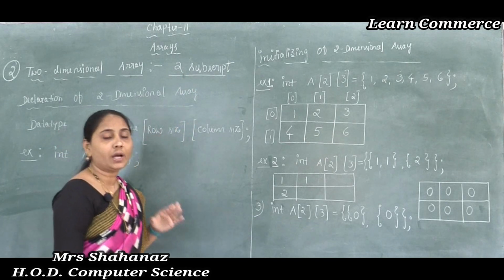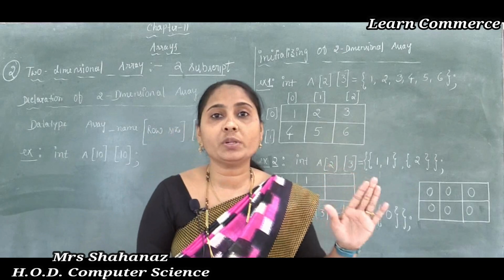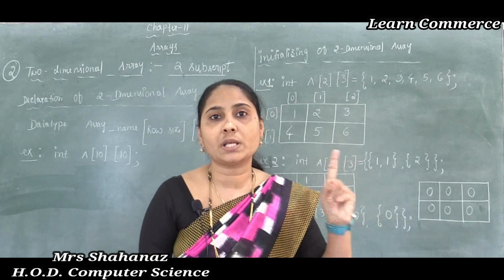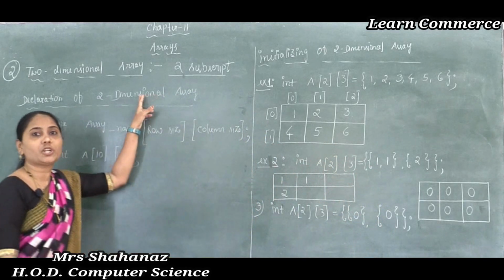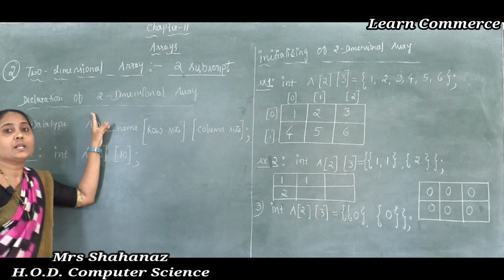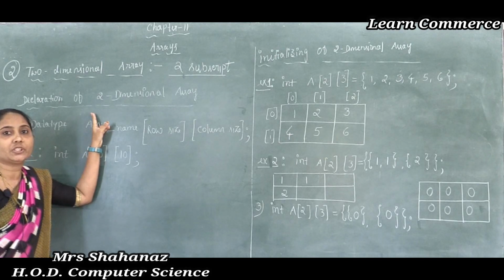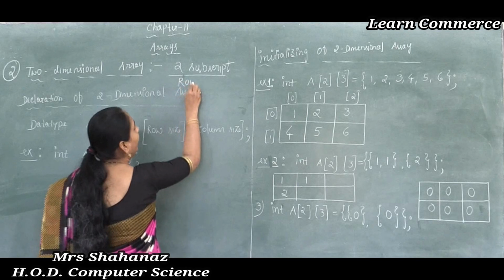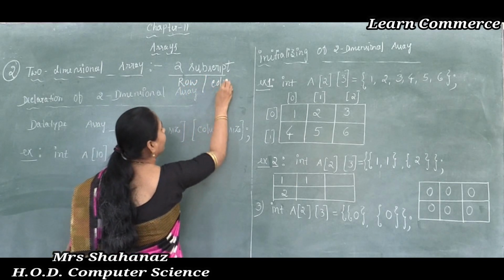So what are the two subscripts? The elements of a two-dimensional array are represented by row number and column number.